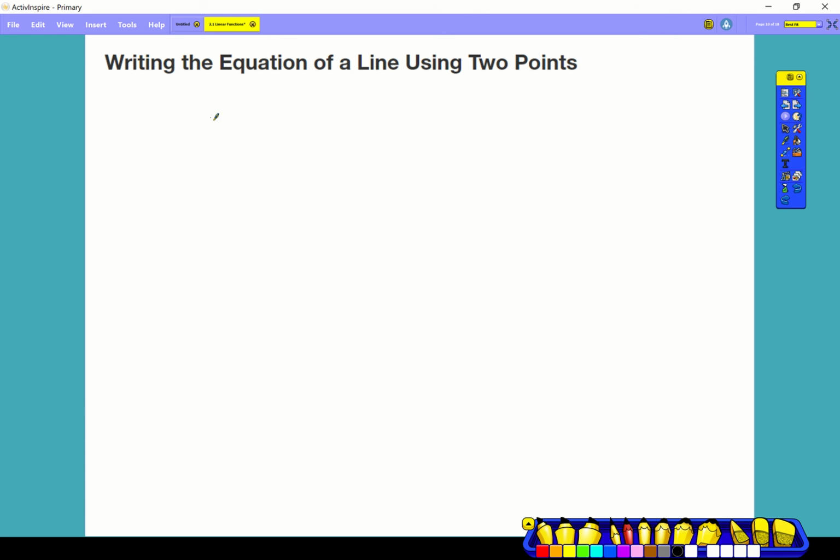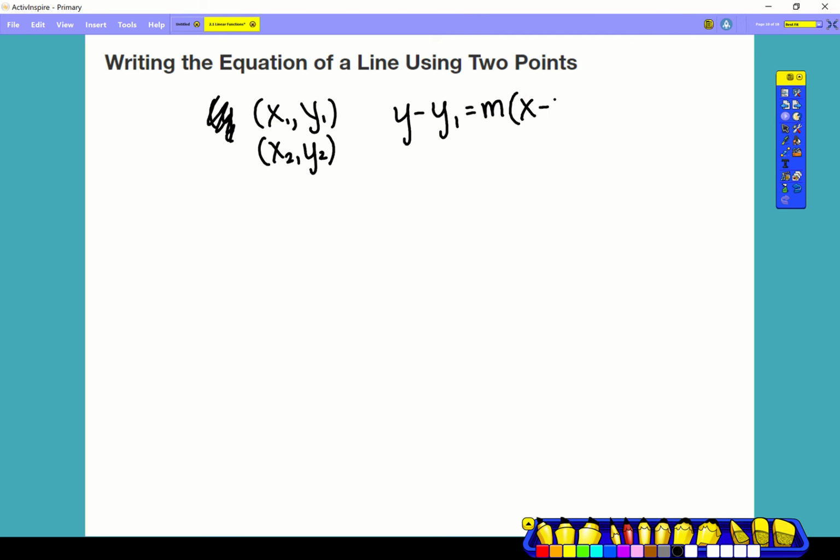So writing the equation of a line using 2 points. X1, Y1, and X2, Y2. So notice that you have, we'll do the point slope. So you have your formula for m is this, right?